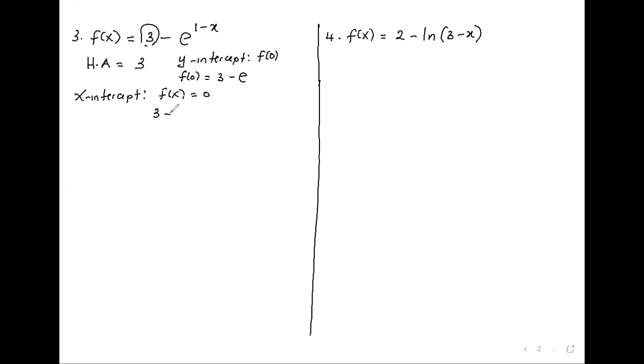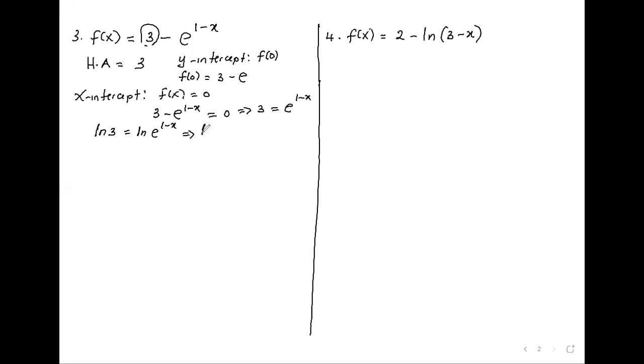That is 3 minus e^(1 minus x) is equal to 0. And this is 3 is equal to e^(1 minus x). And then because the x that we want is in the power, so we apply ln: ln 3 is equal to ln e^(1 minus x).